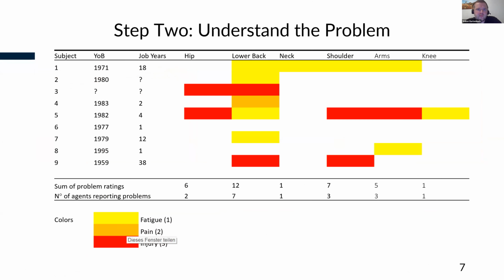And the second step was then to understand what is actually the problem. It was very important for us to understand what kind of health issues or problems arise from this kind of work. And of course, you have literature on that, and statistical data available in at least many fields. But in addition, it was always very important for us to talk to the people on site to get first-hand, at least anecdotal feedback on which body parts are fatigued in the evening.